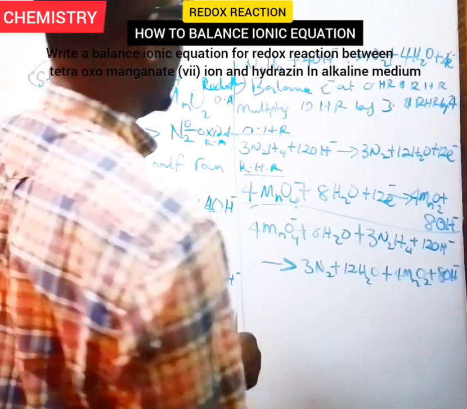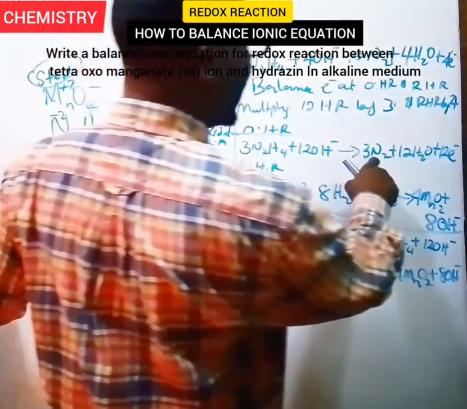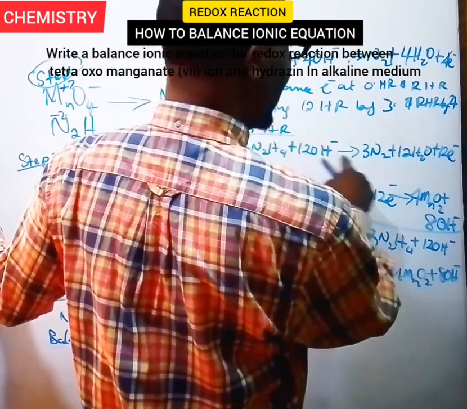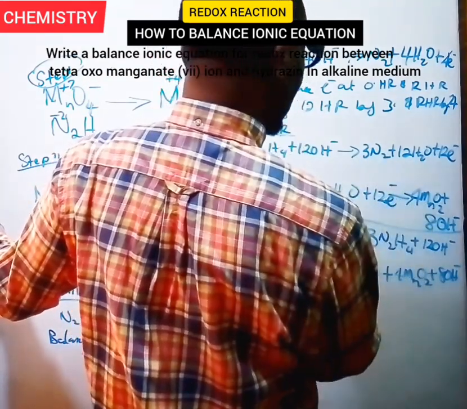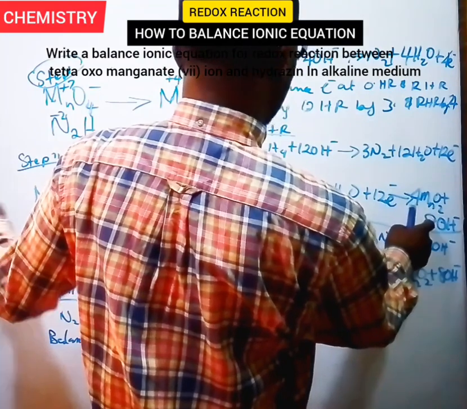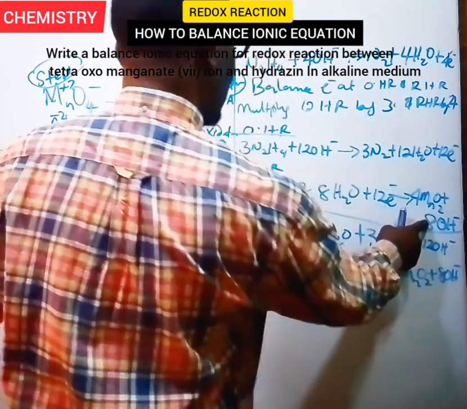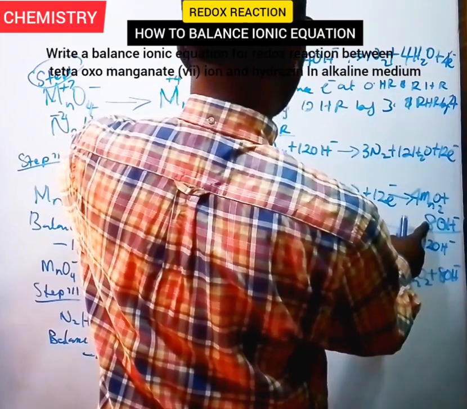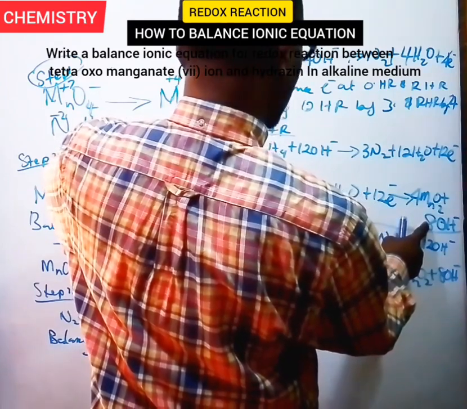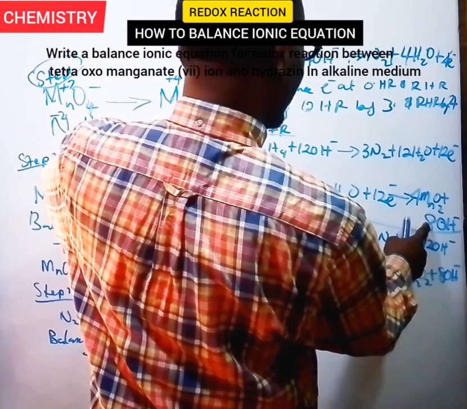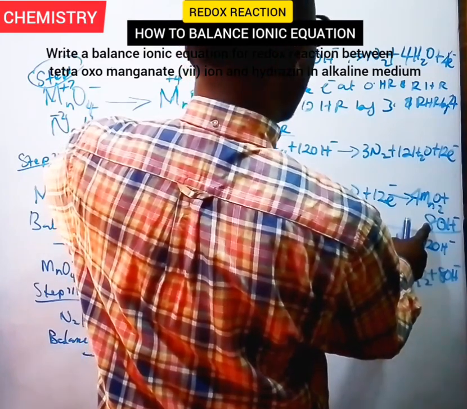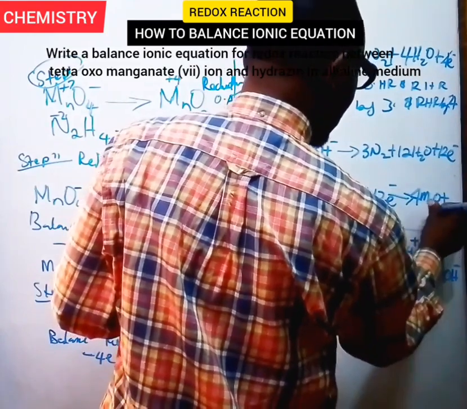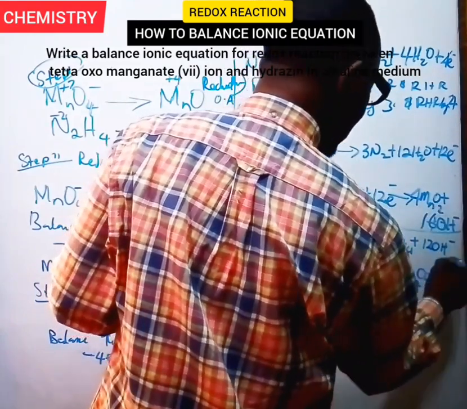Okay, let's look at the OH of this oxidation reaction. We have the hydrazine there, which is 4 before. What do we multiply the oxidation reaction by? We multiply everything by 4. Look at it, this should be 16 OH minus. This is 16 as well.